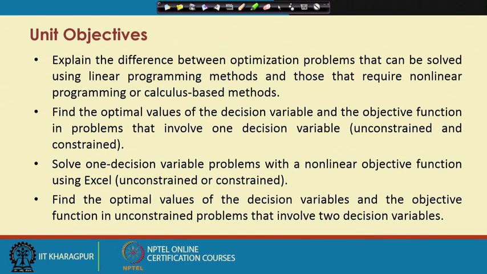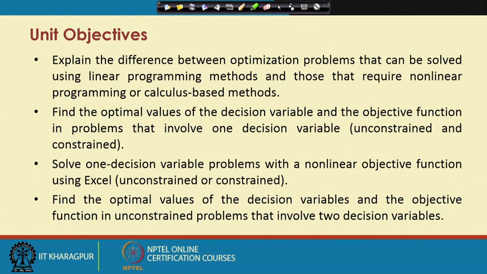Ultimately, we would like to discuss concepts like nonlinear programming, and under nonlinear programming, cases with a single objective, multiple objectives, single constraint, and multiple constraints. So, we have different kinds of structures depending upon the business problems.